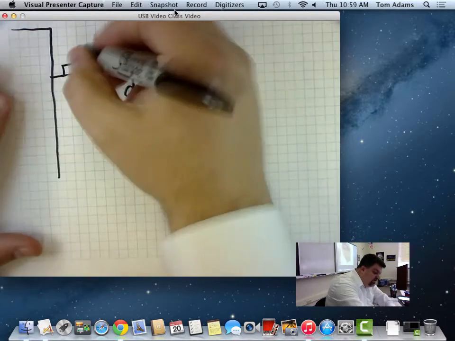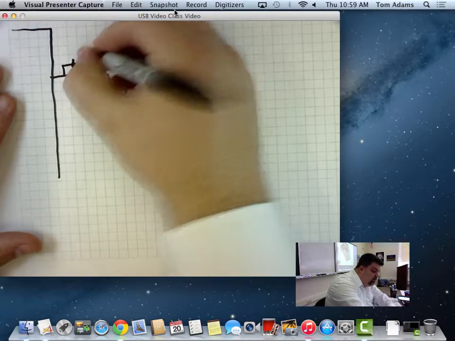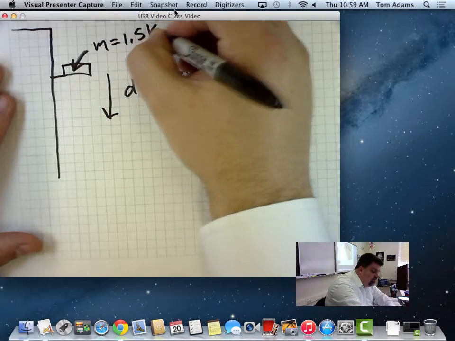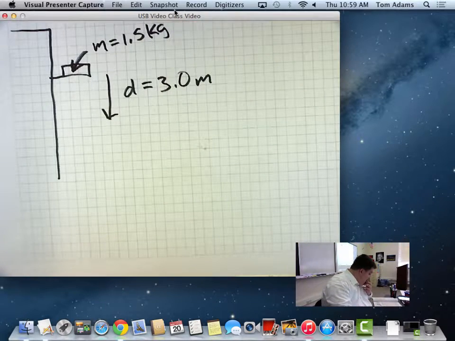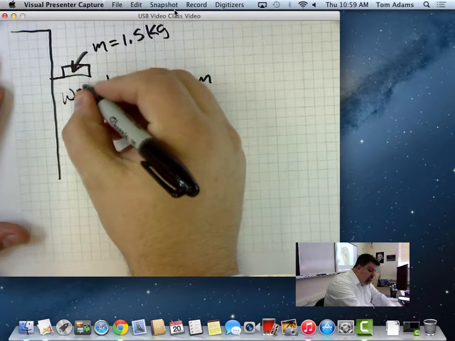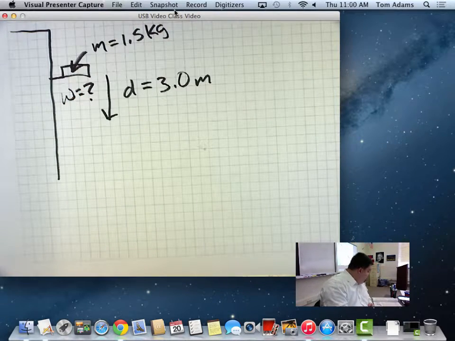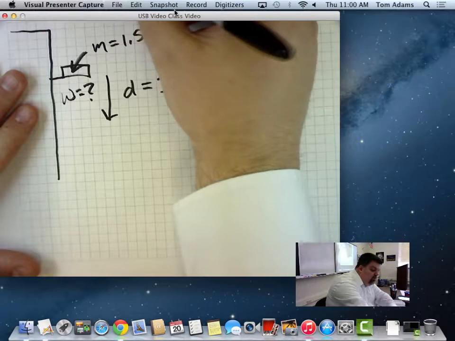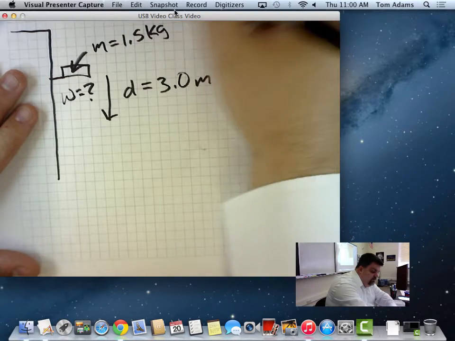And the book has a mass of 1.5 kilograms. And we want to know how much work has been done by gravity. How much work is she doing in the beginning? There's a part A and a part B. Part A is how much work is she doing by holding the book in place?